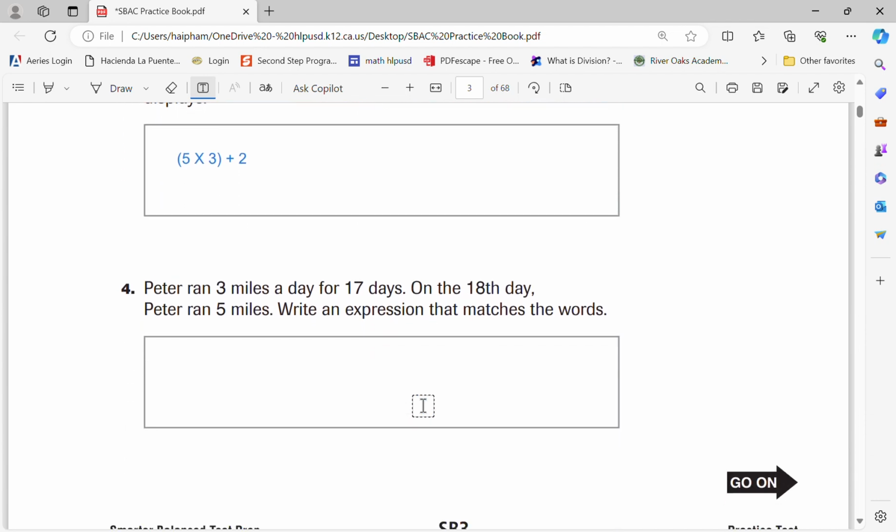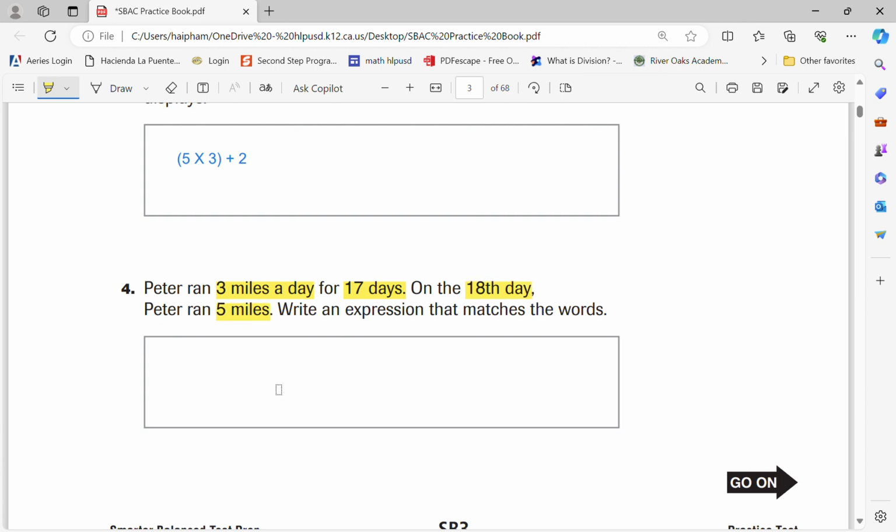Number 4. Peter ran 3 miles a day for 17 days. On the 18th day, Peter ran 5 miles. Write an expression that matches the words. We have Peter running. Let me get my highlighter again. 3 miles for 17 days. However, on the 18th day, he ran 5 miles.